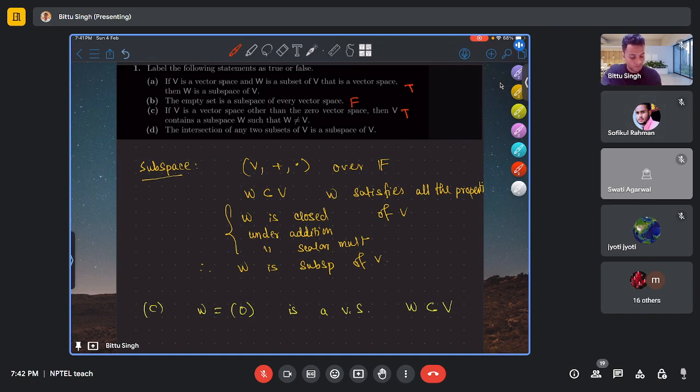For example, take 1 and 2, or suppose 1 and 4. Those are two subsets, but their intersection is empty. Therefore, it is not a vector space. It is false.